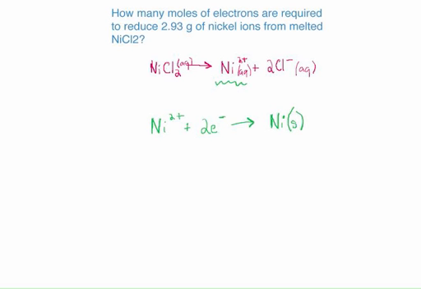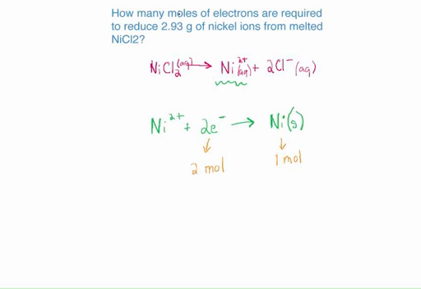One thing that I want you guys to notice is that for every 1 mole of solid nickel that we produce, we use 2 moles of electrons because of the original +2 charge. So that's going to be important when we go to answer this question.